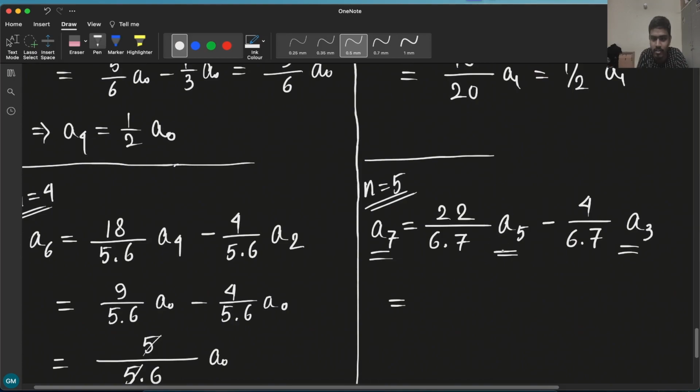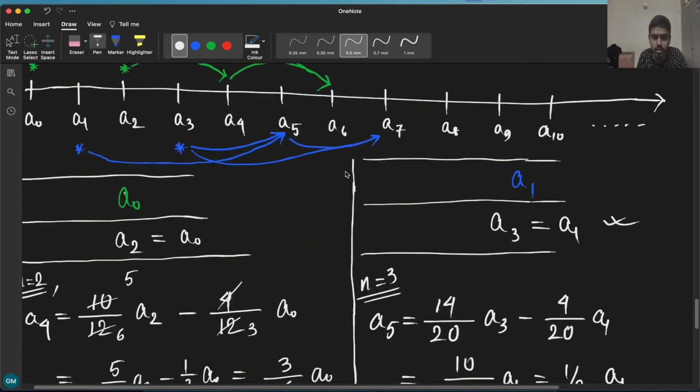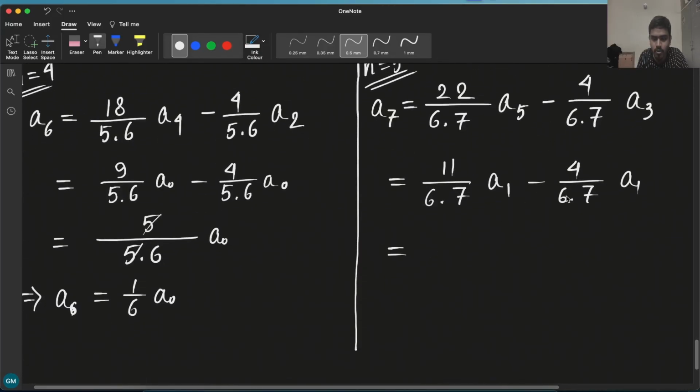So if I write a5 as half a1, then it will be 11 times 6 times 7 a1 minus 4 by 6 times 7 a1, because a3 equals a1, right? So we have 6 times 7 and 11 minus 4, which is nothing but 7, a1, which implies a7 is 1 by 6 a1.